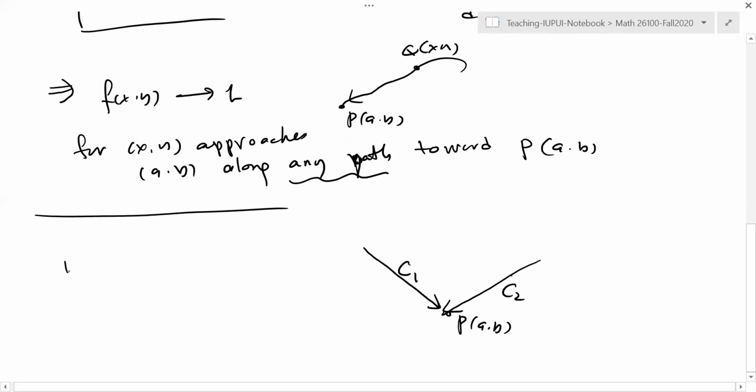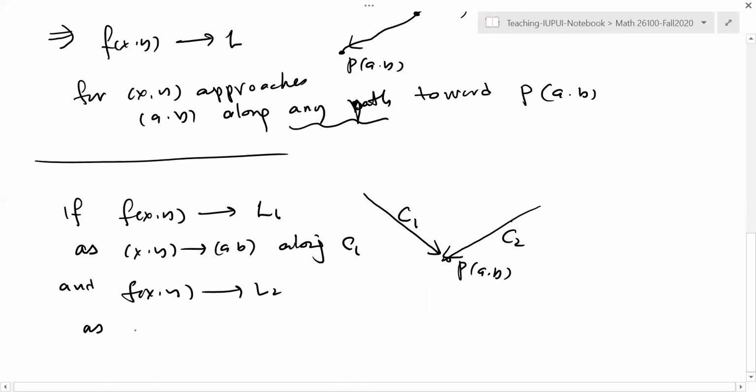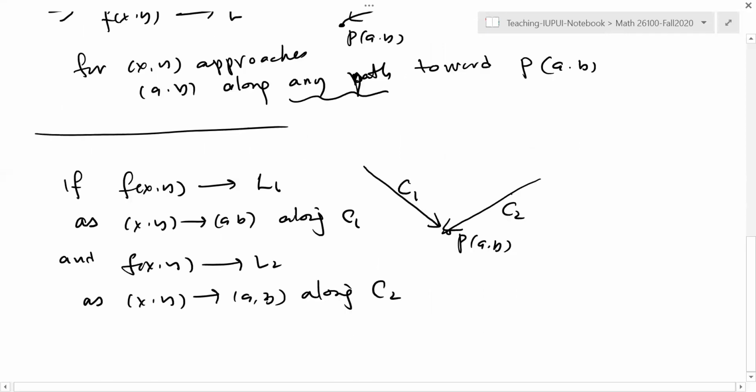Now if the function approaches L1 as (x, y) approaches (a, b) along C1, but f(x, y) approaches L2 as (x, y) approaches (a, b) along C2, and L1 is not equal to L2, then the limit doesn't exist.